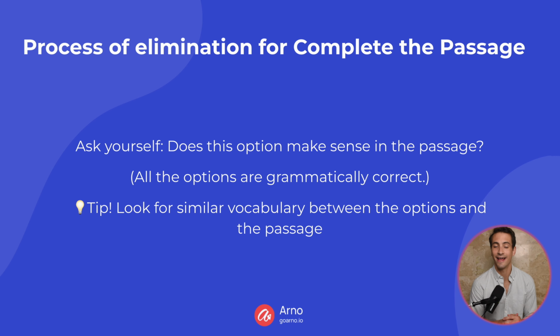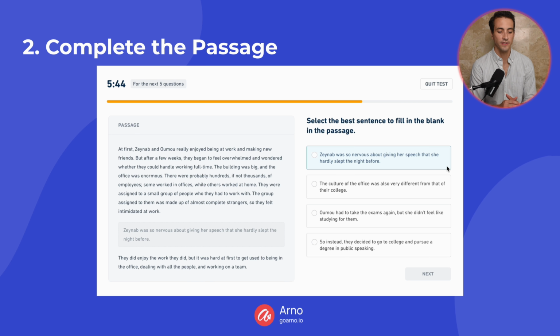Here's a tip that can help you to do this. Look for similar vocabulary between the options and the passage. This is an easy way to eliminate options. Let me show you with an example. So this first option here, Zainab was so nervous about giving her speech that she hardly slept the night before.